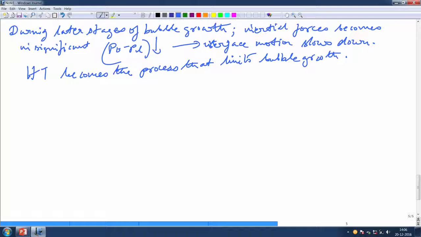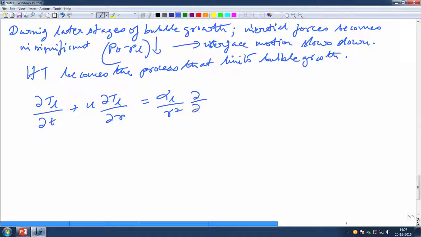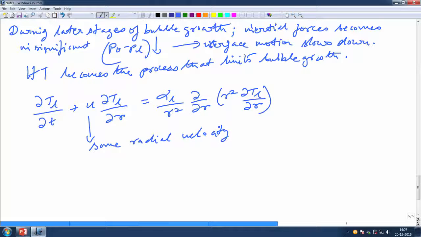So, it is not an inertial dominated framework anymore, it is heat transfer, because everything is becoming a little bit slow now. Okay. So, now if we have to write the energy equation for the heat transfer part, what will be the basic equation? This will be this, right. This U is the same radial velocity that we got earlier.